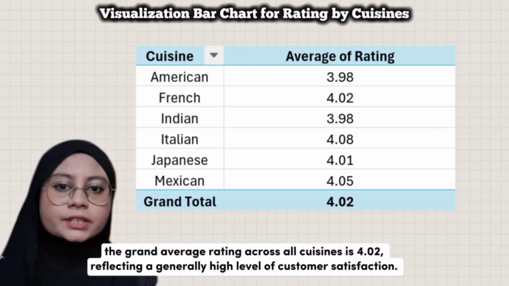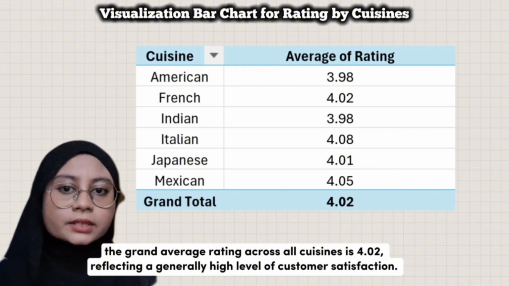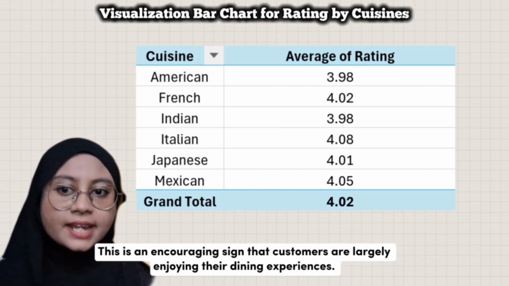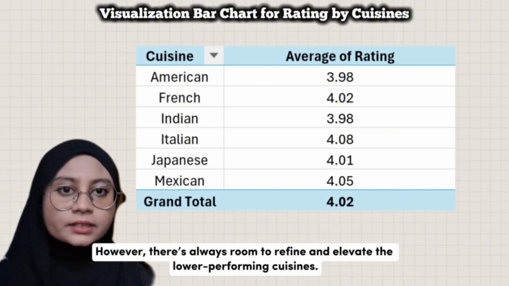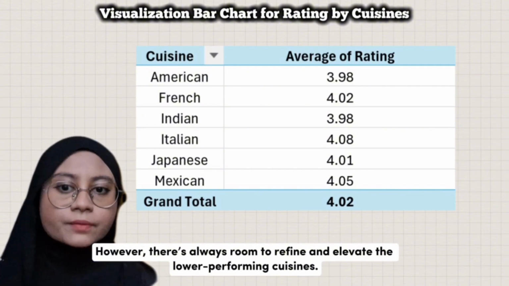Overall, the grand average rating across all cuisines is 4.02, reflecting a genuinely high level of customer satisfaction. This is an encouraging sign that customers are largely enjoying their dining experience. However, there's always room to refine and elevate the lower performing cuisines.